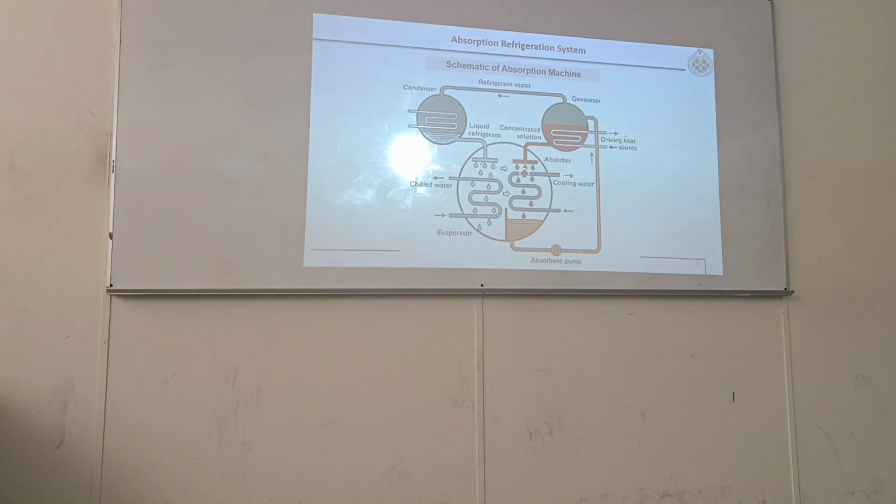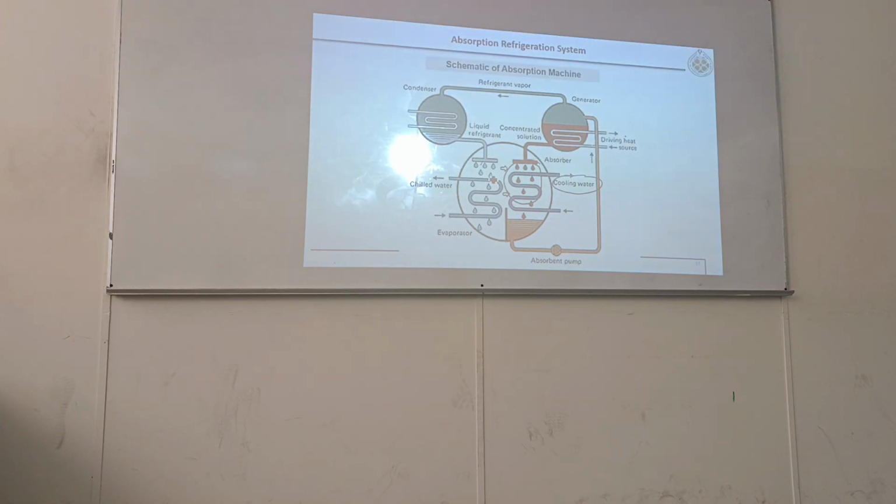During this absorption process, I told you this is an exothermic reaction, water is condensing, heat will be produced, so this heat must be taken out. If you do not take this heat out, the ability of the absorber to absorb water vapor will drop. So whatever heat is produced during absorption must be removed continuously. So there is cooling water going on.